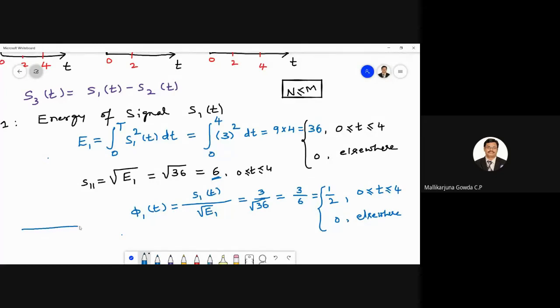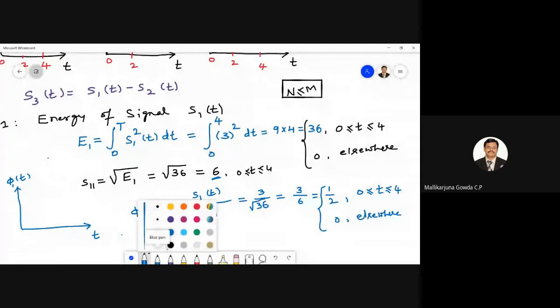So this is t, right? This will be phi 1 of t, and I can represent it with the duration 0 to 4 and a magnitude of how much? 1 by 2 means either I can say 0.5 or I can write 1 by 2.